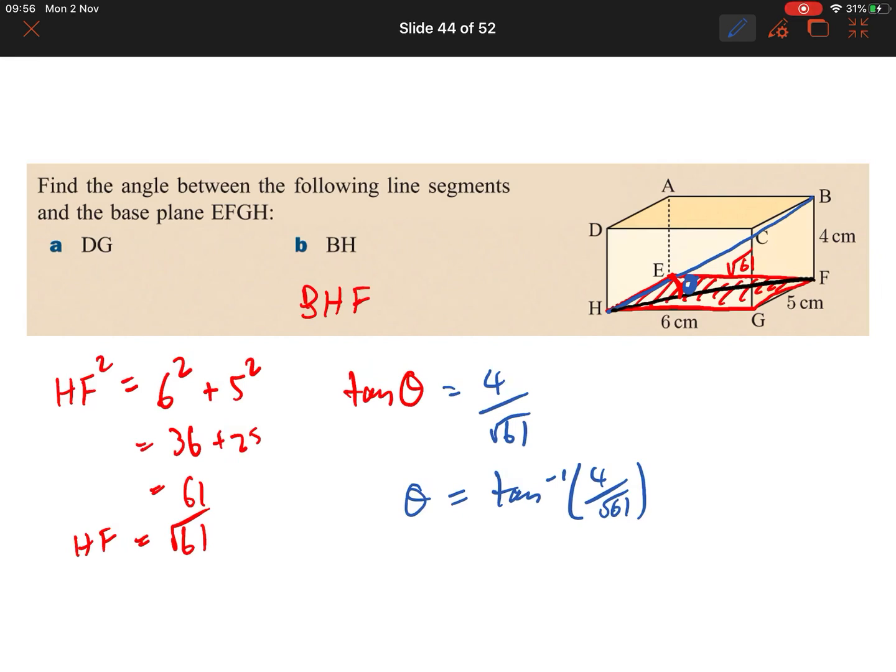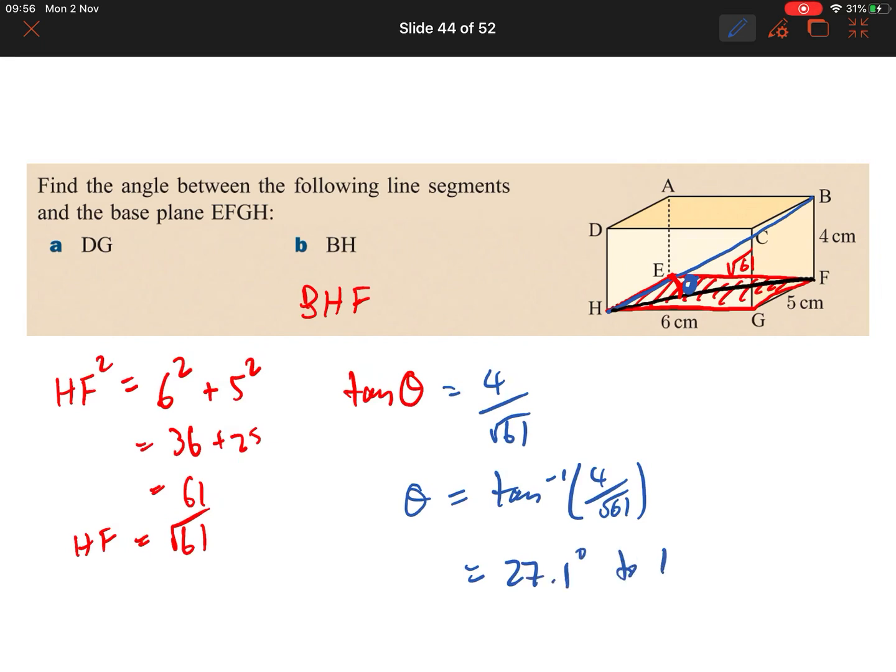I don't need to work out what root 61 is because I'll just use that in my calculator directly, to get a more accurate answer. So 4 divided by root 61. Shift tan 4 divided by root 61.